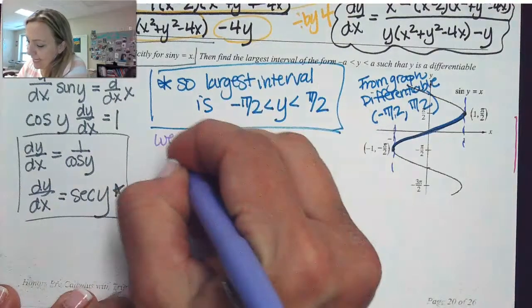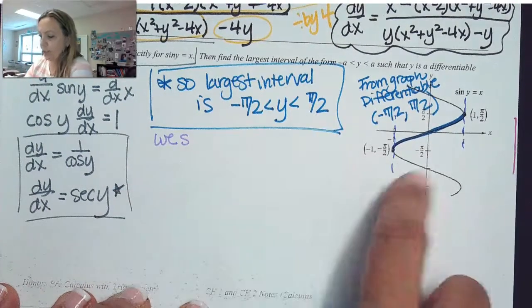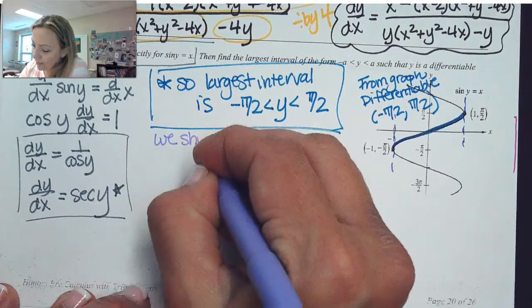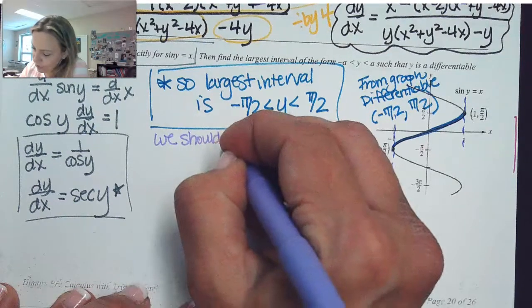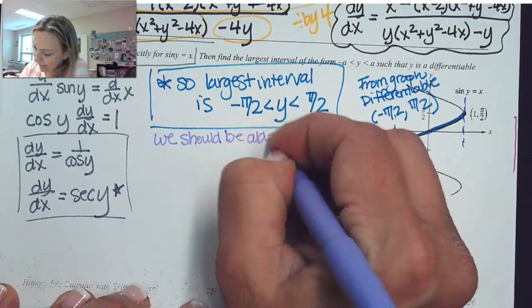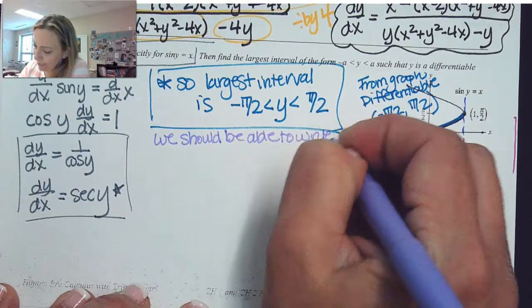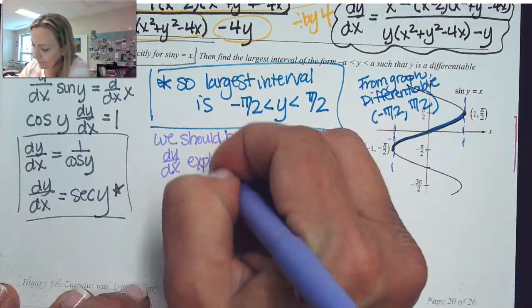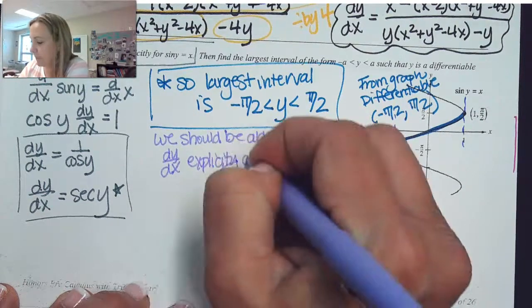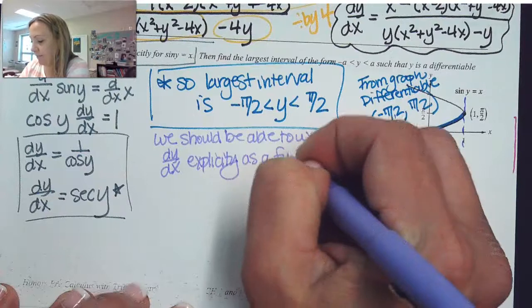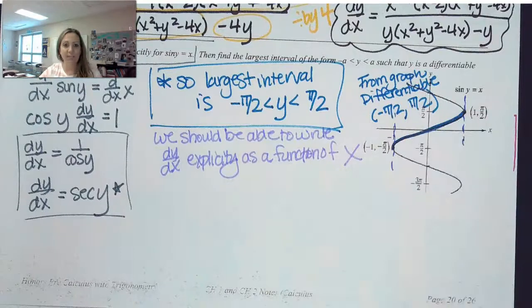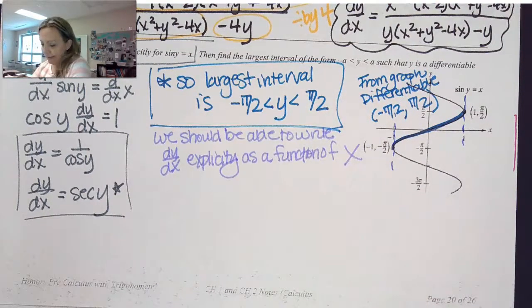Now that this is a continuous interval on which this is differentiable, we should be able to write dy/dx explicitly as a function of x. Well, how in the heck are we supposed to do that? Let's think about that.